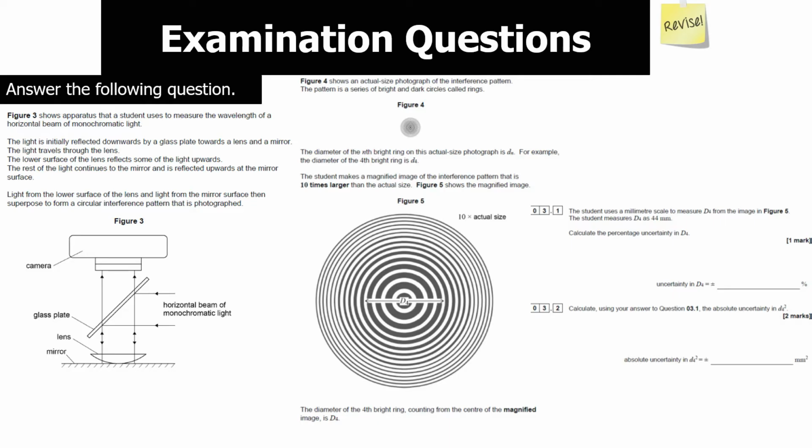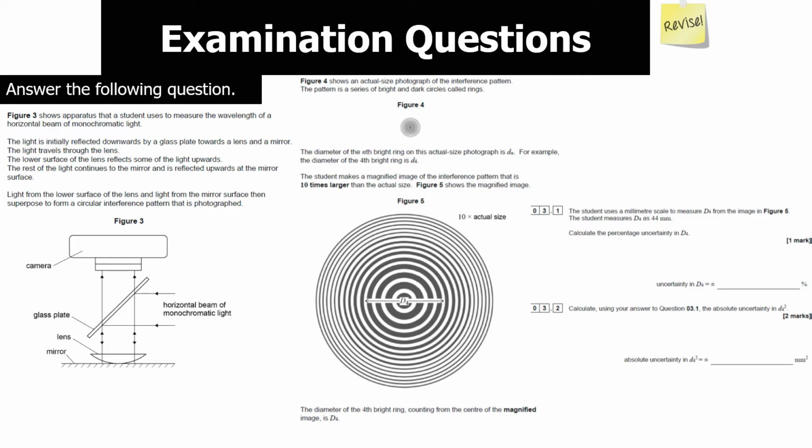So figure 4 shows an actual size photograph of the interference pattern. The pattern is a series of bright and dark circles called rings. The diameter of the nth bright ring on this actual size photograph is dn. So for example, the diameter of the fourth bright ring is d4. The student makes a magnified image of the interference pattern that is 10 times larger than the actual size. Figure 5 shows the magnified image, and the diameter of the fourth bright ring, counting from the center of the magnified image, is d4.